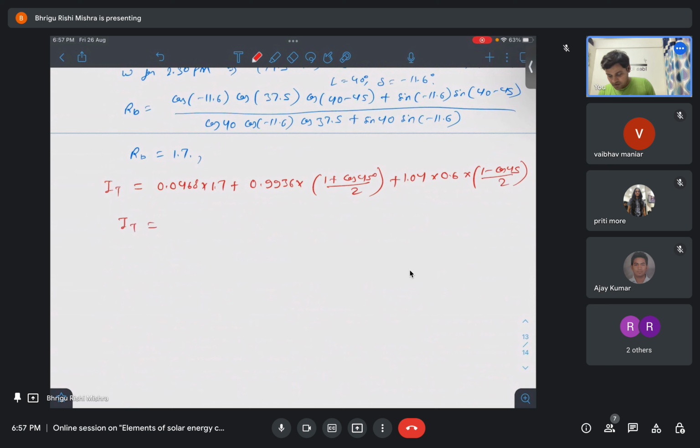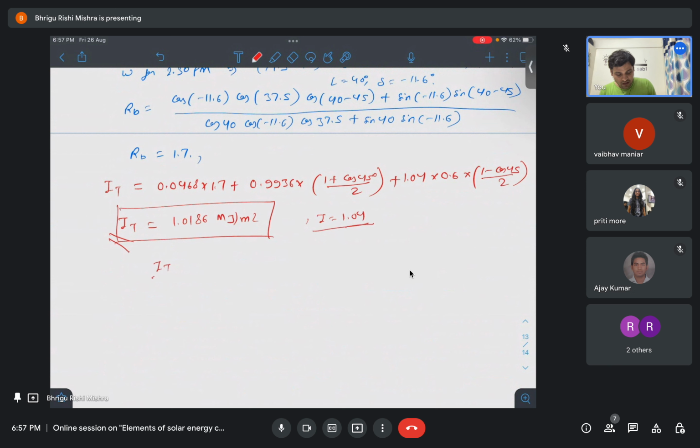So the radiation on the tilted surface is 1.0186 megajoule per meter square, and if you compare it with the horizontal radiation, 1.04. Of course the radiation on the horizontal surface is greater compared to the radiation on the tilted surface in this case, but it is not significantly greater. The ratio is very low.